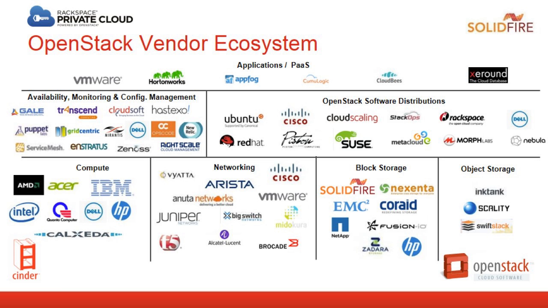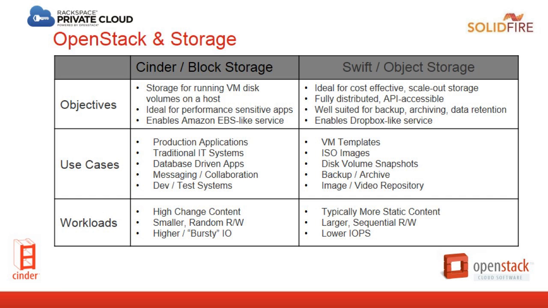And lastly, as I go to that application layer on the very top, we have a very active ecosystem of vendors looking to participate and actually tie their applications or their PaaS, Platform as a Service environments, very tightly into the OpenStack ecosystem. And with that, that's a very quick introduction of where we are and where we're going.